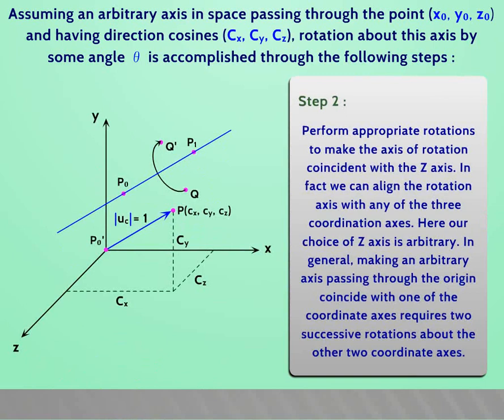Step 2. Perform appropriate rotations to make the axis of rotation coincident with the z-axis. In fact, we can align the rotation axis with any of the three coordinate axes. Here, our choice of z-axis is arbitrary. In general, making an arbitrary axis passing through the origin coincide with one of the coordinate axes requires two successive rotations about the other two coordinate axes.